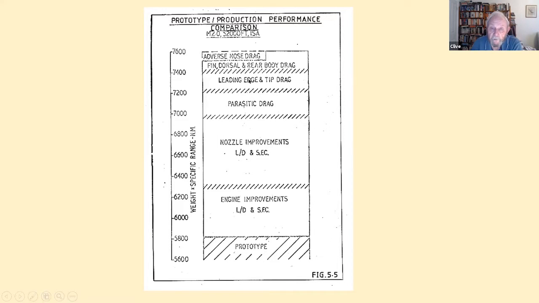There was a little bit from the leading edge and the tip, and a bit from that change to the rear body I mentioned. There's also a slightly adverse drag for the change from the prototype nose to the rather more elegant, I think, production nose. But the net result was a substantial improvement in specific range, most of which, as I said, came from the power plant.